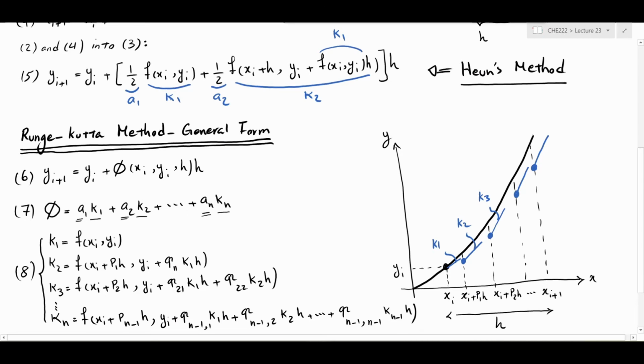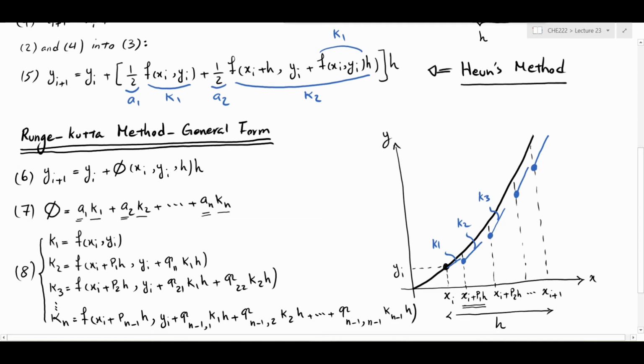Then we had K1 and K2 in Heun's method. Here we have K1 to Kn, which are the slopes at different points. And the values of the slopes are calculated using our f function. So the simplest one is k1, which is f of xi and yi. The next point is xi plus p1 times h.